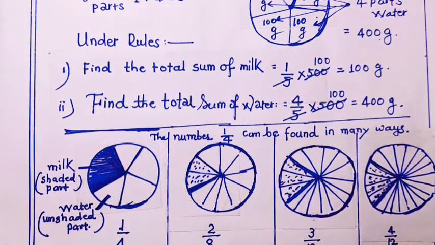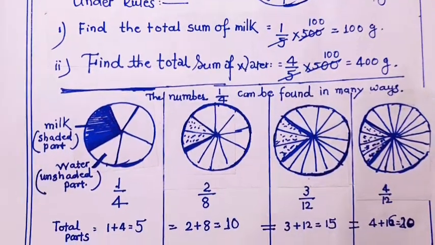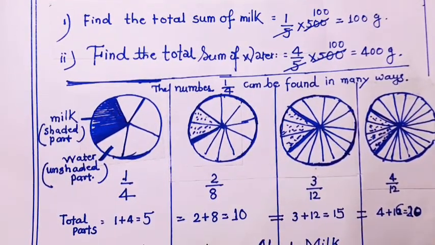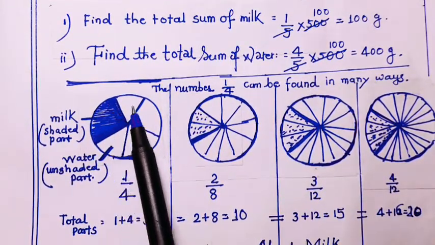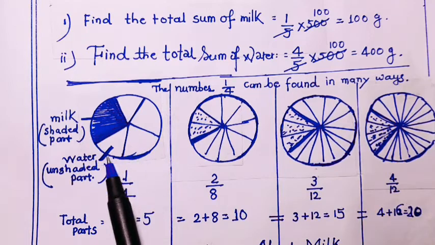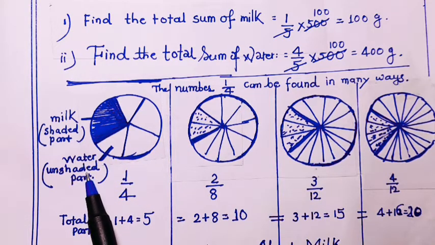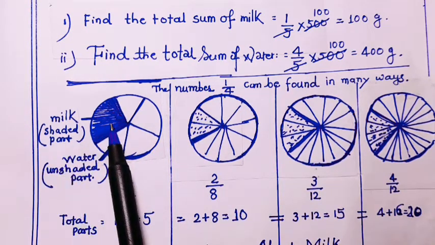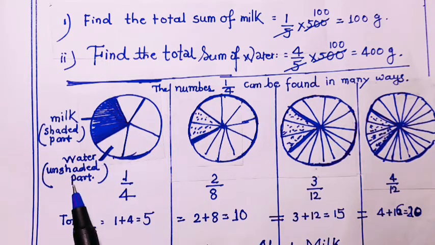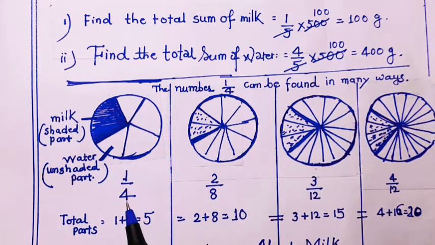Finally, the ratio 1 by 4 can be written in many ways. Milk is 1 part and water is 1, 2, 3, 4 parts. This is the shaded part and these are the unshaded parts. It means 1 by 4, where 1 shows the part of milk and 4 shows the part of water.